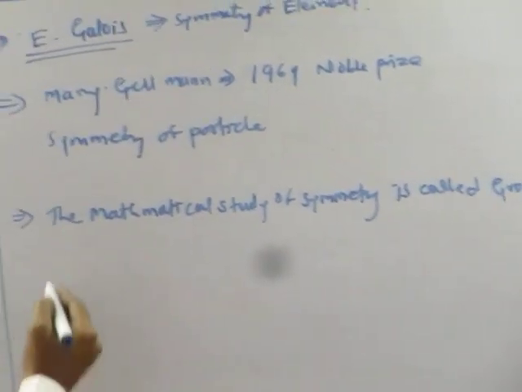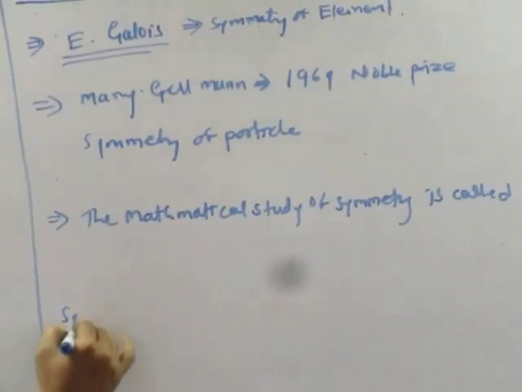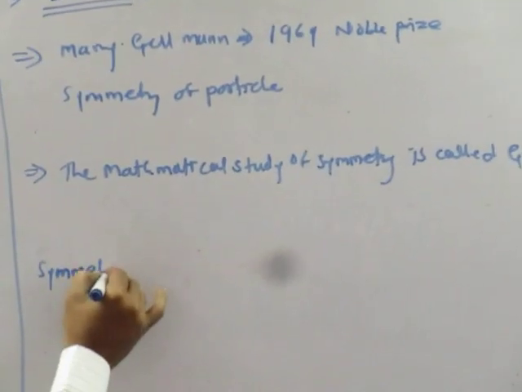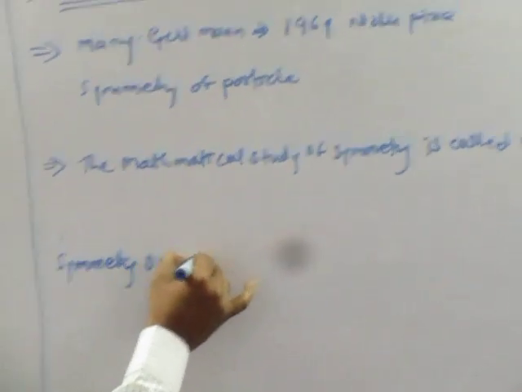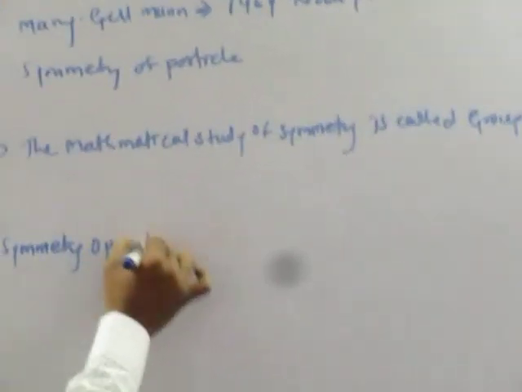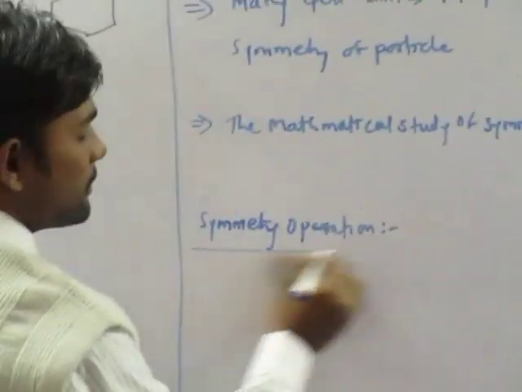In the case of symmetry operations, the symmetry elements with respect to symmetry operations are concerned with geometrical changes. The changes that accompany them are called symmetry operations.